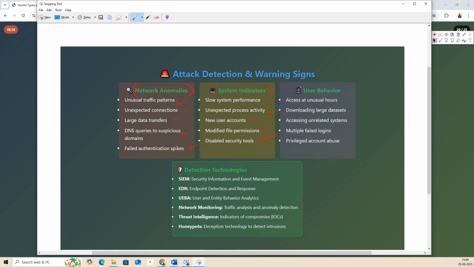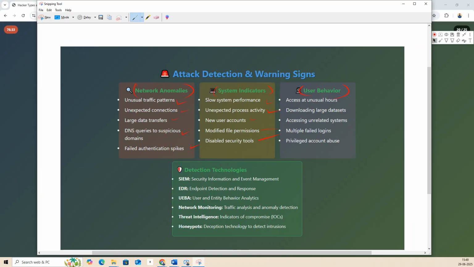Then we have user behavior. User behavior analytics can catch attacks that bypass technical controls. Access at unusual hours might indicate compromised accounts. Users downloading large data sets outside their normal job functions could indicate data theft.